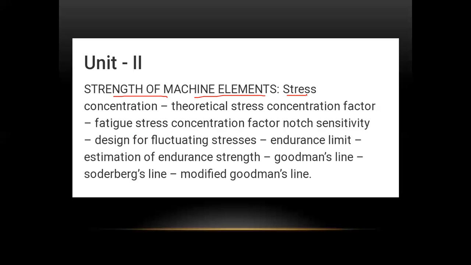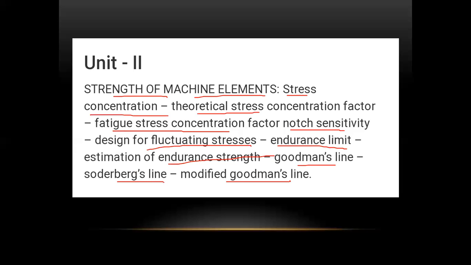In Unit 2, we will discuss the stress concentration factor, theoretical stress concentration factor, fatigue stress concentration factor, notch sensitivity, design for fluctuating stresses, endurance limit, and estimation of endurance strength by using Goodman's line, Soderberg line, and modified Goodman's line. So these are the topics in Unit 2 of Design of Machine Members 1.